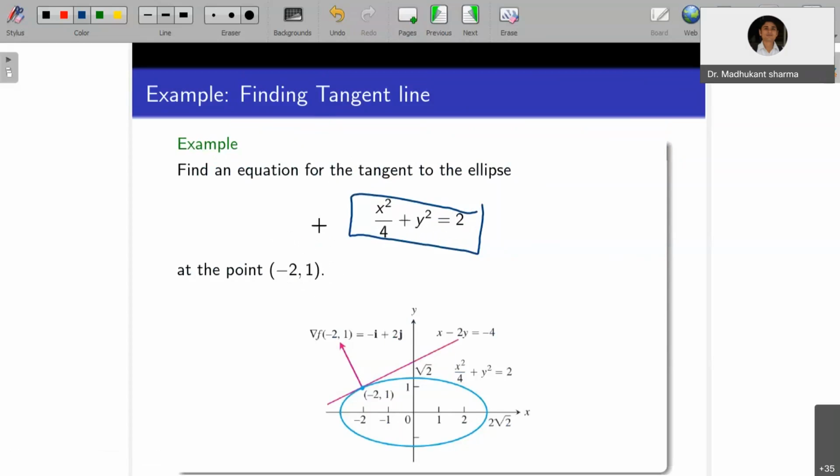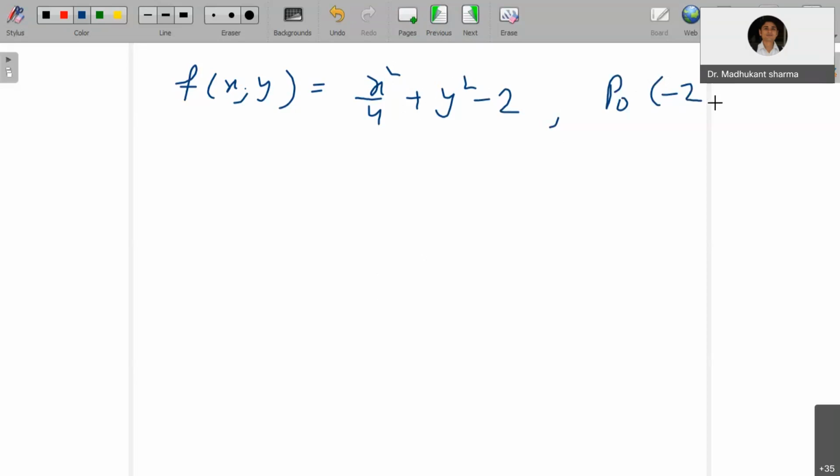We are given f of x comma y equals x square by 4 plus y square minus 2. You have been given the point p naught, that is (minus 2, 1). You are interested in finding the tangent line passing through p naught.